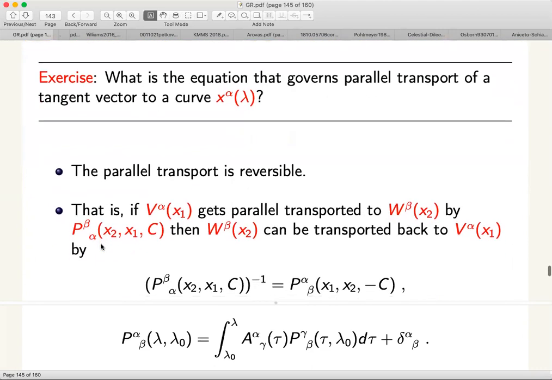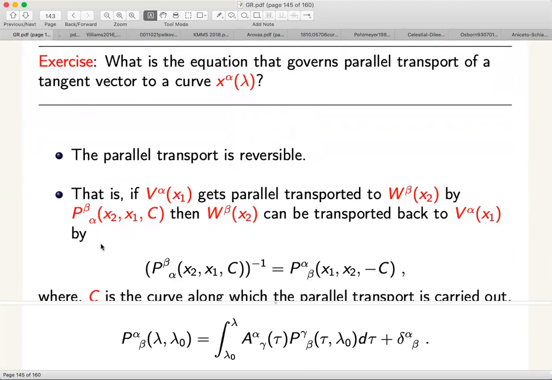The other thing is that parallel transport is reversible. That means if you parallel transport a vector from point x1 to x2, so that v alpha at x1 goes to w beta at x2 using the parallel transport propagator P alpha beta, then you could bring w beta at x2 back to v alpha at x1 by using the inverse of this propagator.